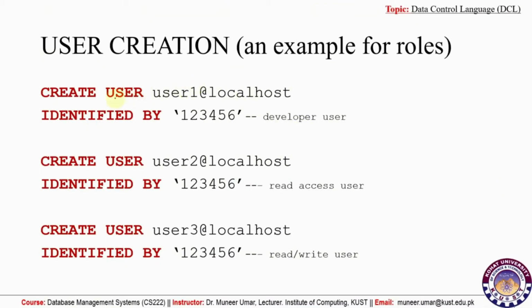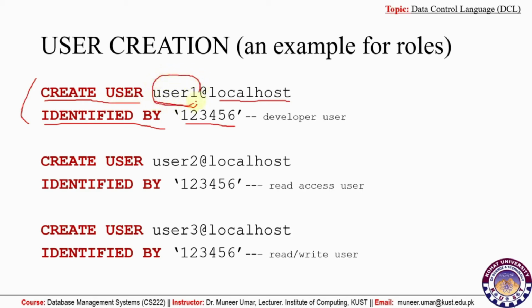Through code we can create a user with the help of create user query. So we need to type create user, then name of the user, at name of the host, we are using localhost, then identified by password. So I am giving 123456 as password. With the help of this command we will create a user named user1.